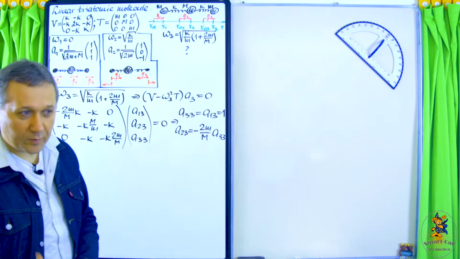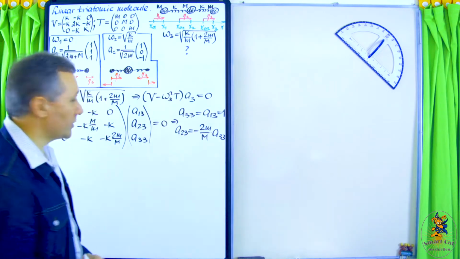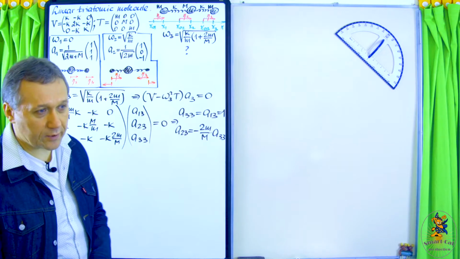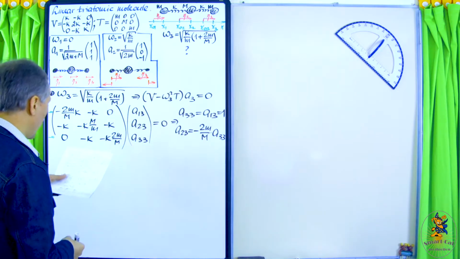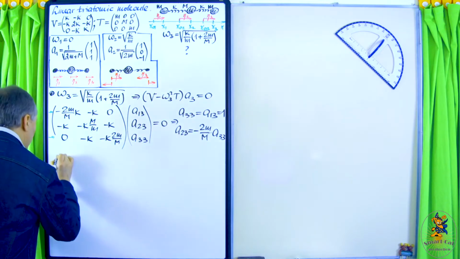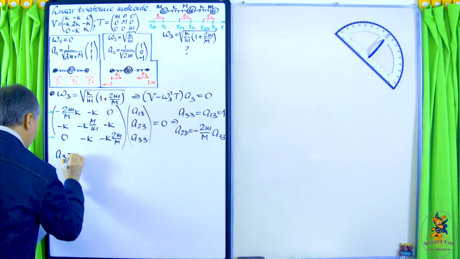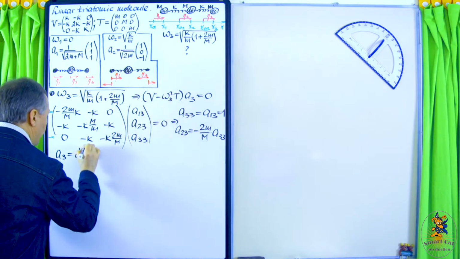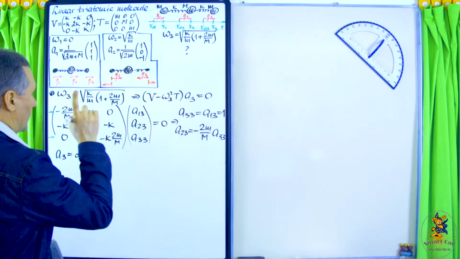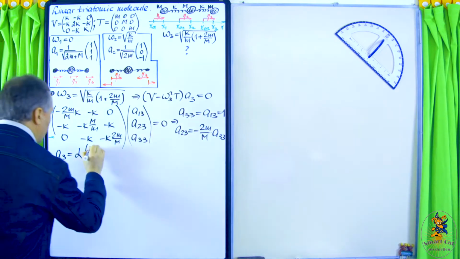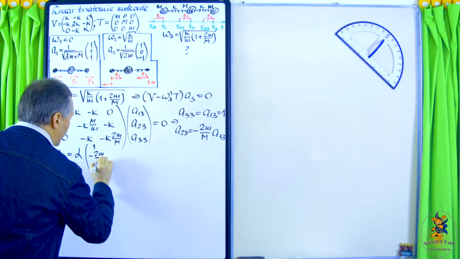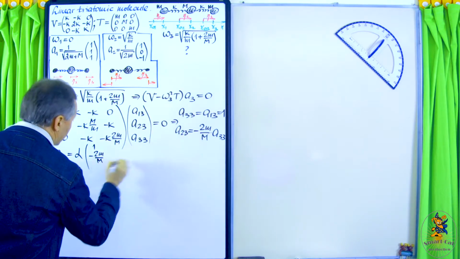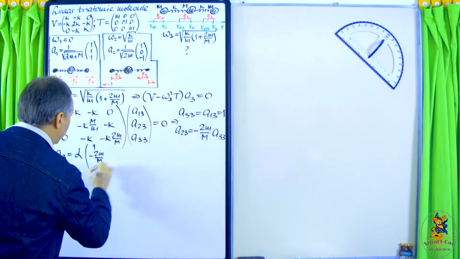But since we still have freedom, so we have an underdetermined system, we can introduce a normalization factor, right? With the normalization factor, it will be equal to alpha times 1, minus 2m small over m capital, and 1.